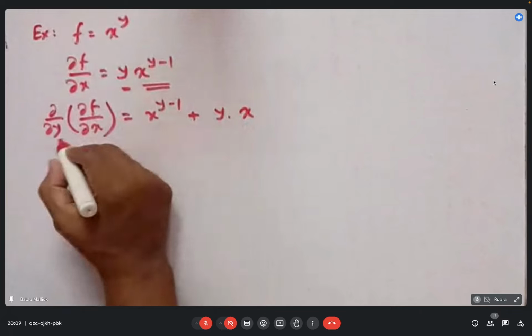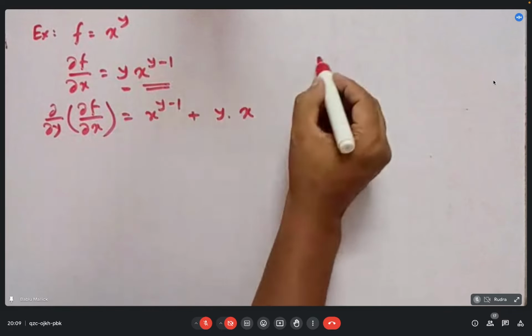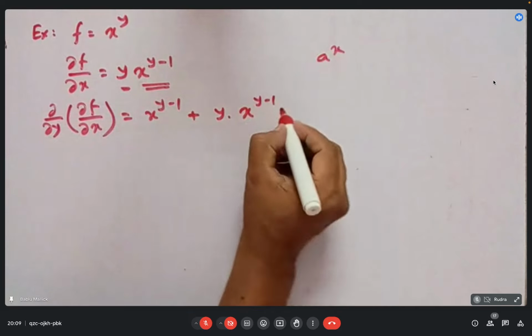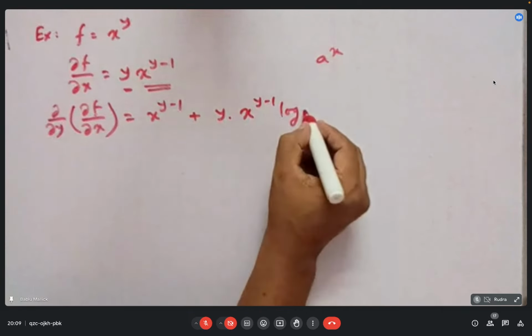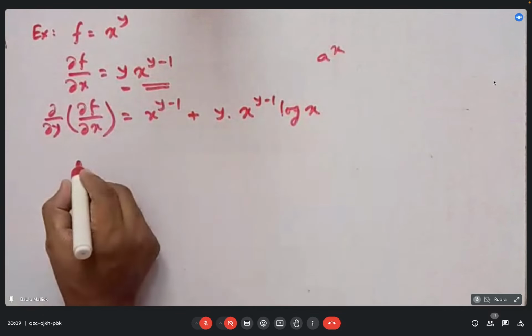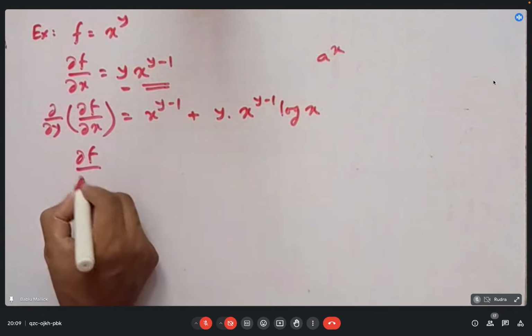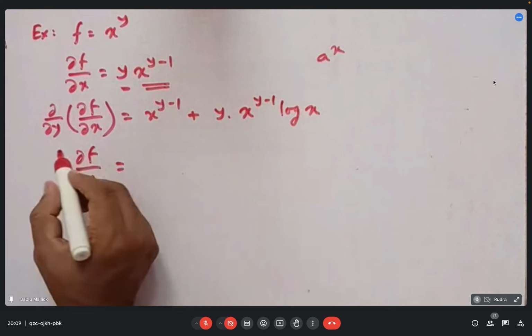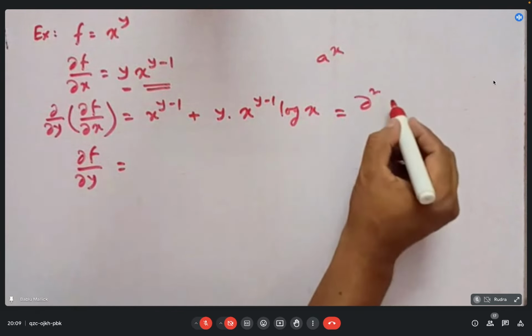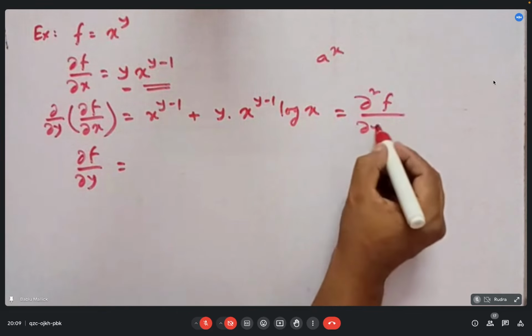The derivative with respect to y is by the a to the power x formula, so x to the power y minus 1 into log x. So we are getting this mixed derivative del 2f del y del x.